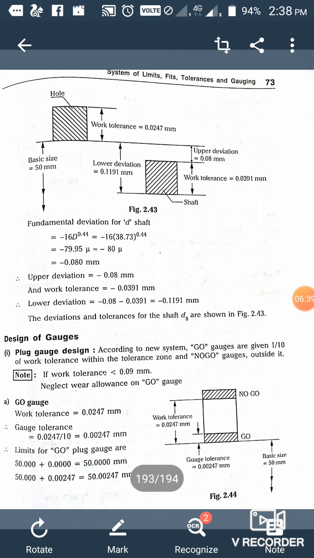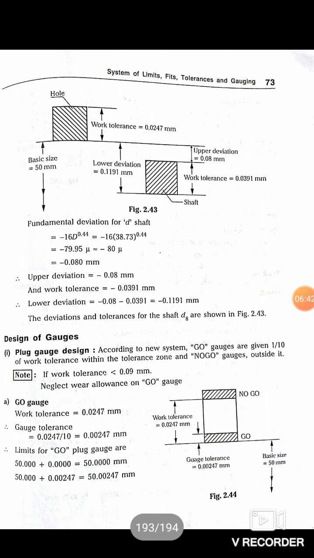In plug gauge design, as in both gauges, two ends will come. One side is the no go side, another one is the go side. Here, as the plug gauge is used for a hole, you have to consider the hole dimensions. The work tolerance on the hole is 0.0247 mm and the gauge tolerance is 10% of that work tolerance, which is 0.00247 mm.